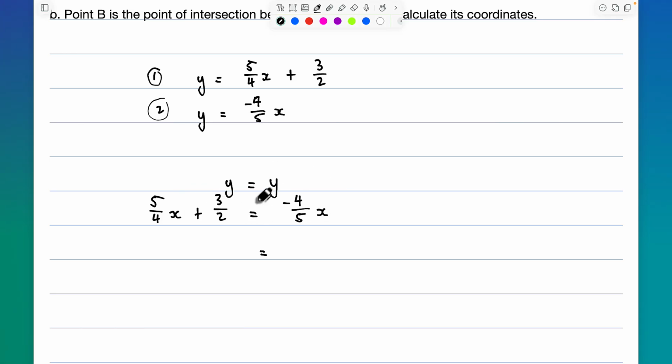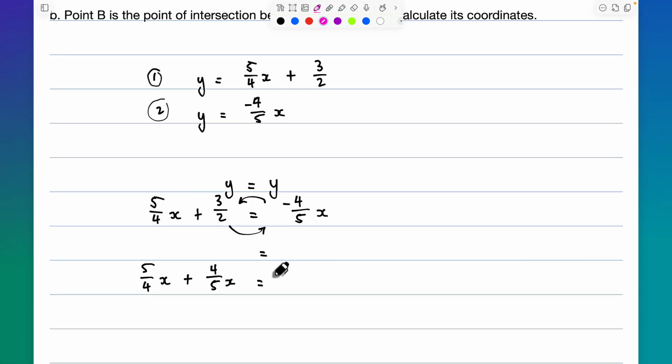We take this term to the other side and take this 3/2 to the other side. So this equation becomes 5/4x plus 4/5x, because remember this moved sides, always be careful about the signs. That equals, when the positive 3/2 comes to that side, -3/2.